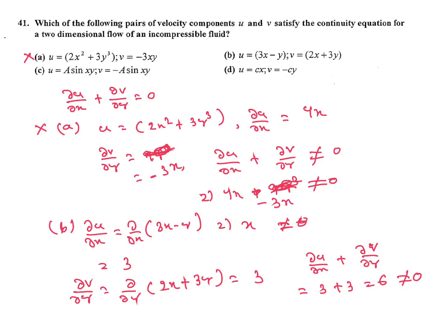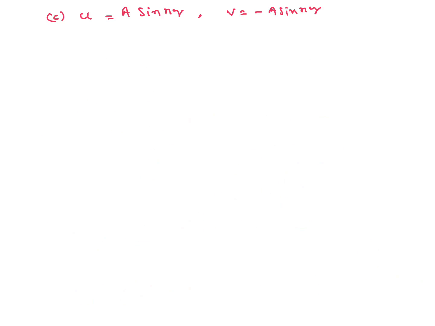In option C, u is equal to a sin xy and v equal to minus a sin xy. So del u by del x equal to a is constant, so del sin xy by del xy into del xy by del x. Here we will get a cos xy into y.